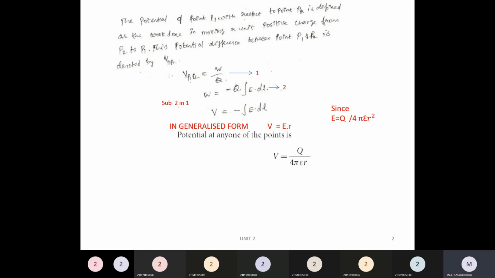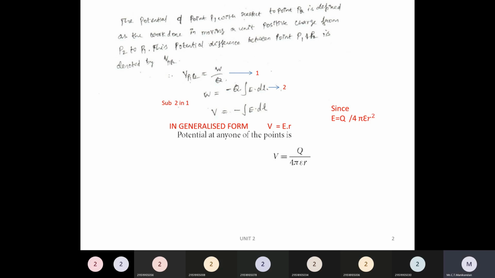Using the formula, V equals Q by 4 pi epsilon into R, whereas the electric field is Q by 4 pi epsilon R square. Most students get confused between the formulas of electric field and potential.